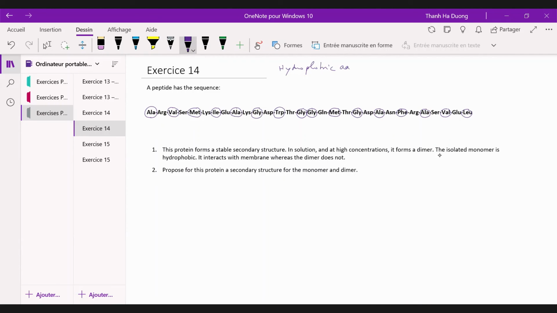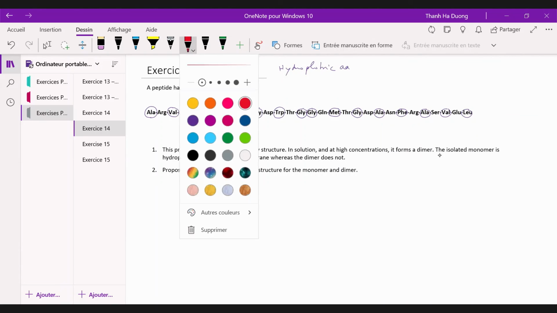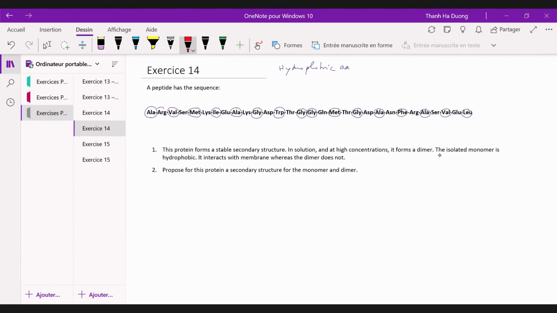In red, let's say red, you have polar amino acids. Serine is polar, it can make hydrogen bond. Lysine is positively charged. Glutamate is negatively charged. Aspartate is polar.